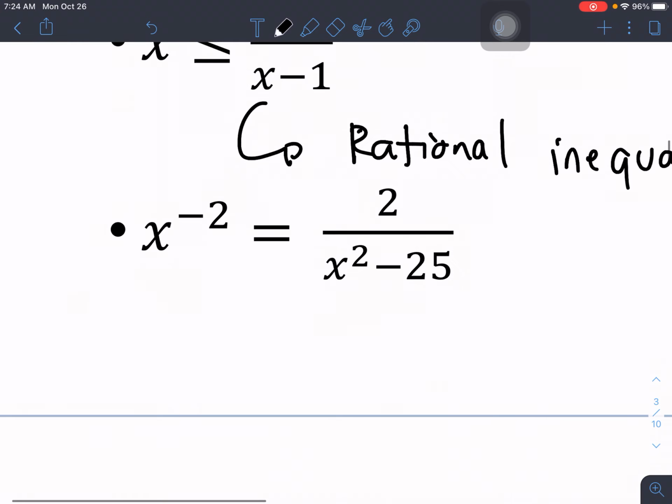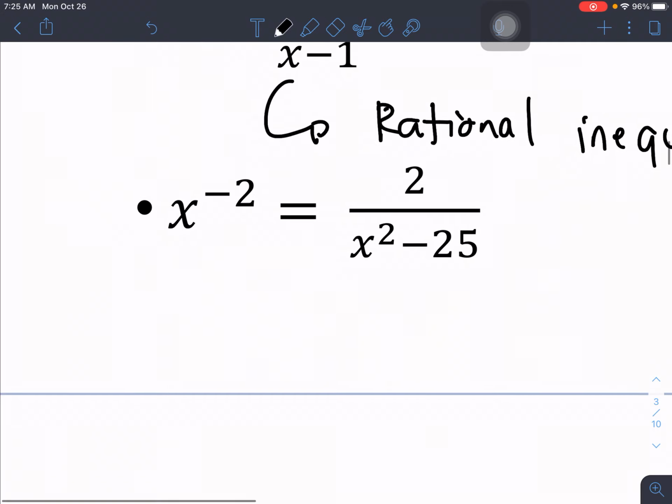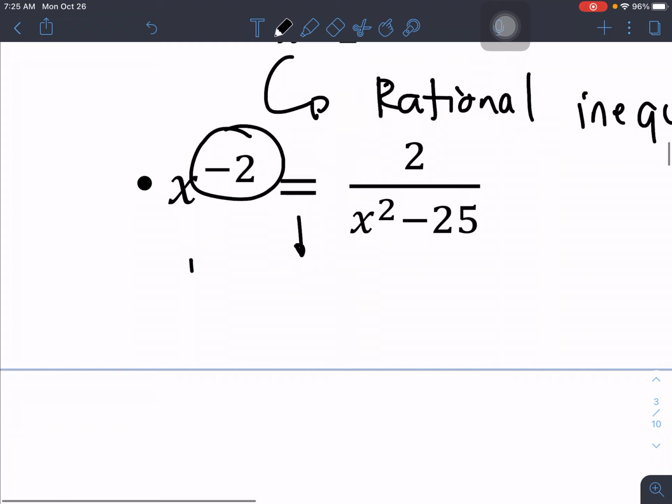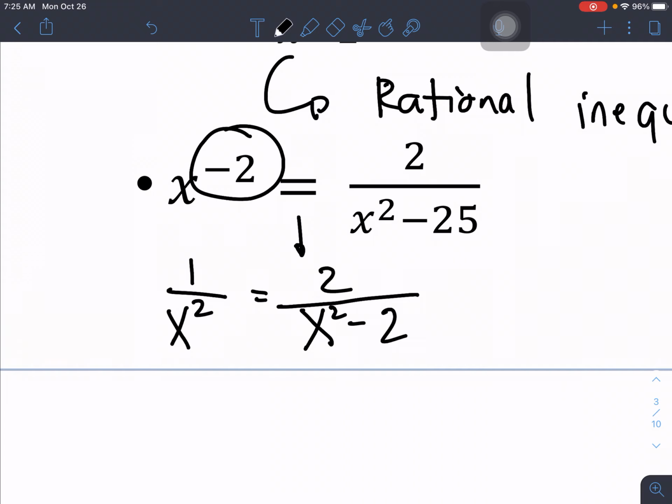Okay, next, x to the negative 2 is equal to 2 over x squared minus 5. This might look like not a rational expression because of the presence of a negative exponent, but we could simplify this to a rational expression, which is 1 over x squared is equal to 2 over x squared minus 25.